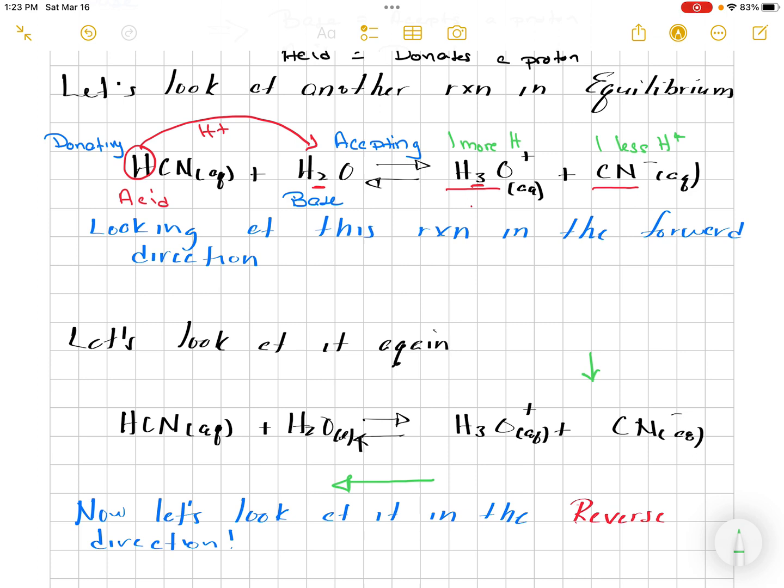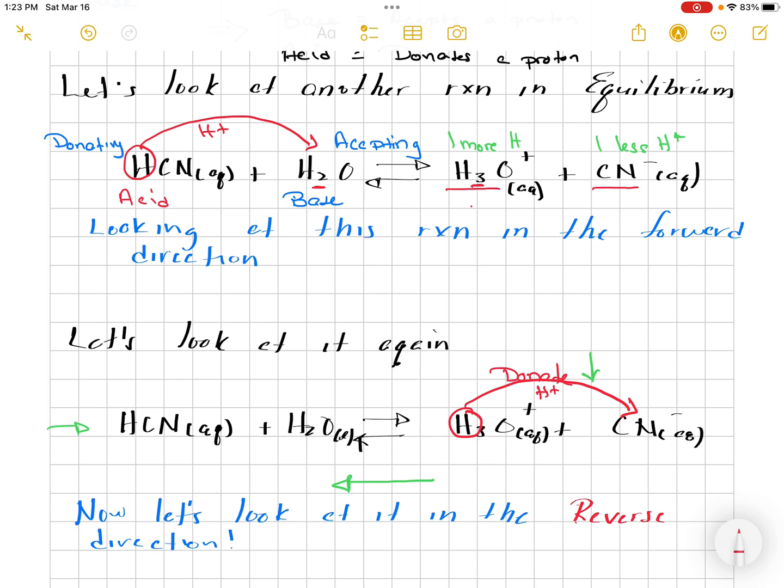Now in this situation, going back to the reactants, going in this direction from right to left, we see that the one that's donating the hydrogen is going to be this one. So this one is going to donate a hydrogen.